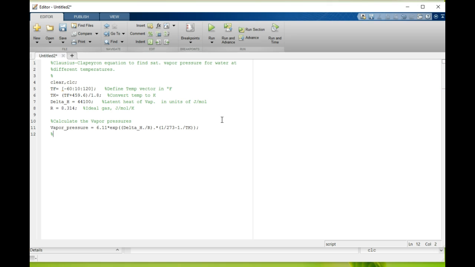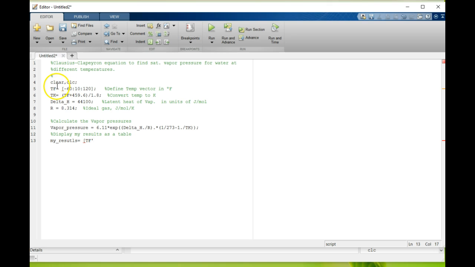And then we can next display my results as a table. This is all we had to do. This was vapor pressure. This is what we wanted. But perhaps we wanted to have a table of this result. So we can say my results will equal TF, because we want it in Fahrenheit, comma, vapor pressure.